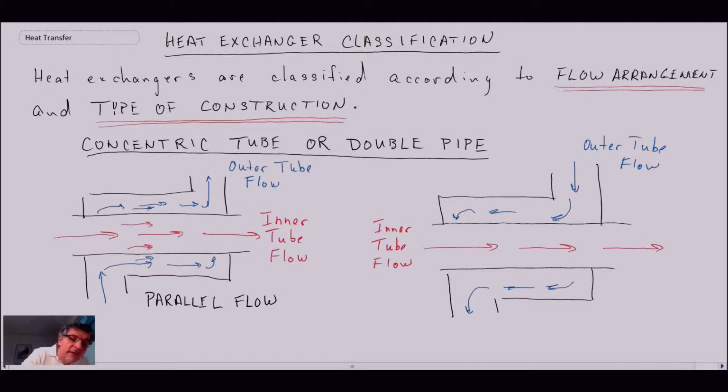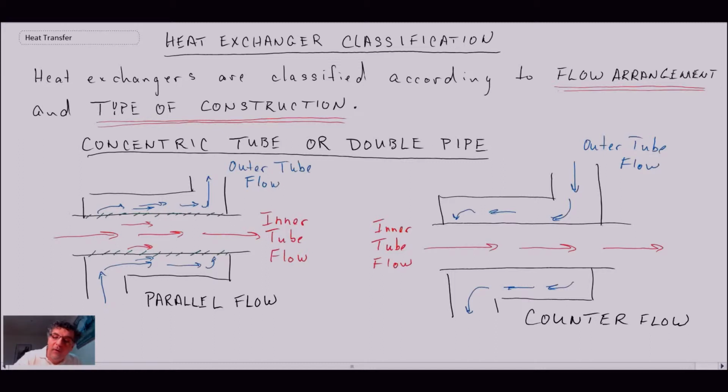And then all of the heat transfer is taking place across this interface here and here. So that is where our heat exchange is taking place. And then the design on the right, we refer to as the counterflow arrangement. So those are two examples of the simplest, which is the double pipe or concentric tube heat exchanger.